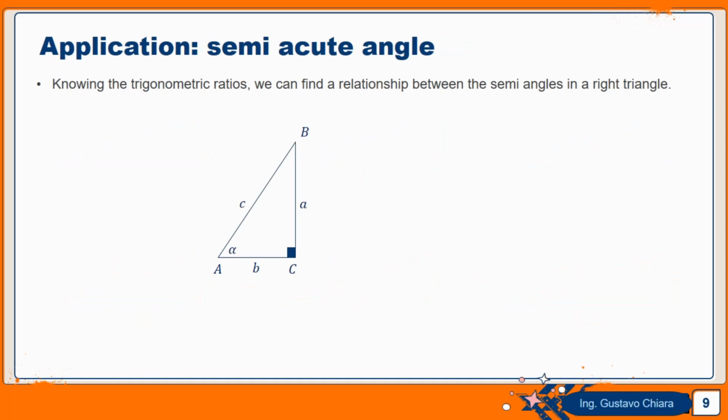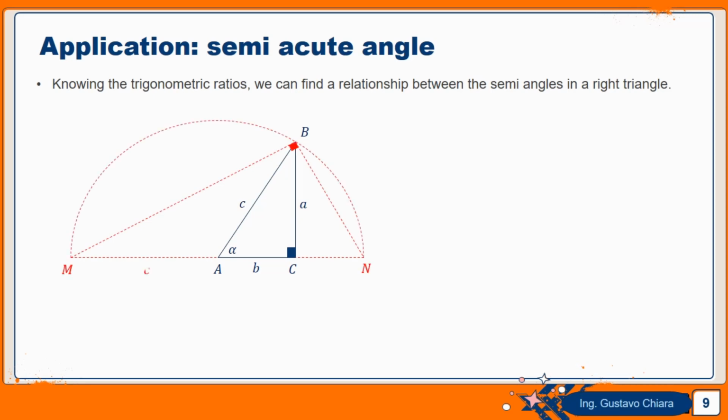Application: semi-acute angles. Knowing the trigonometric ratios, we can find a relationship between the half-angles in a right triangle. In the picture, you see a triangle ABC with the sides a, b, and c, and the angle alpha. The first step, we must draw a circumference with a radius equal to c.